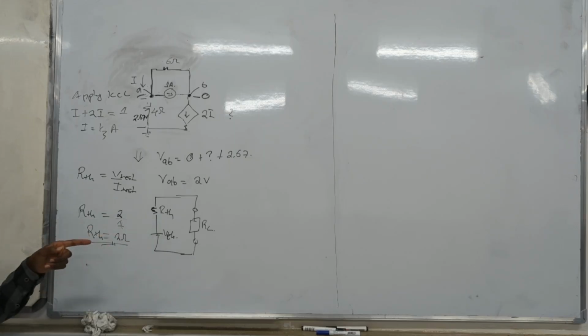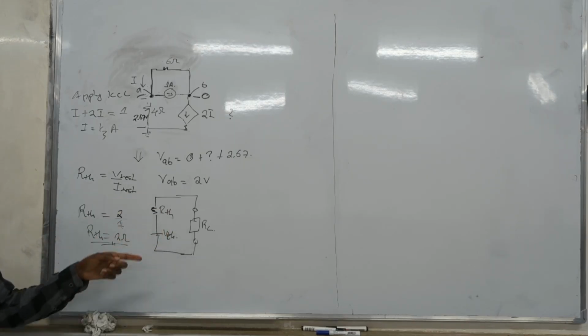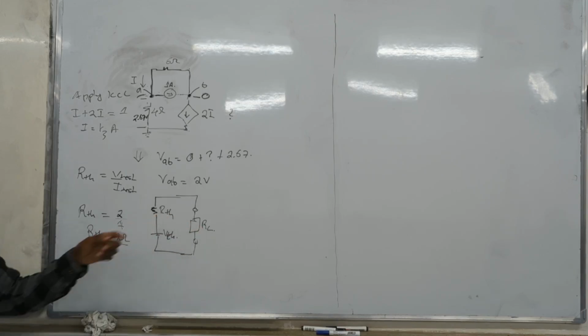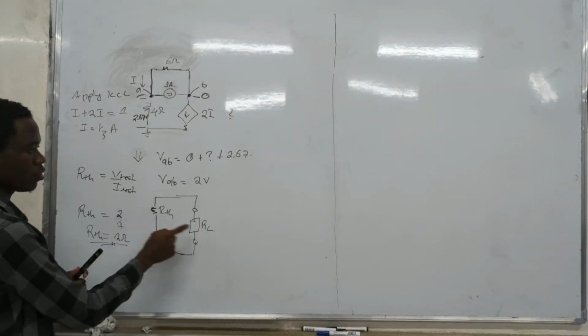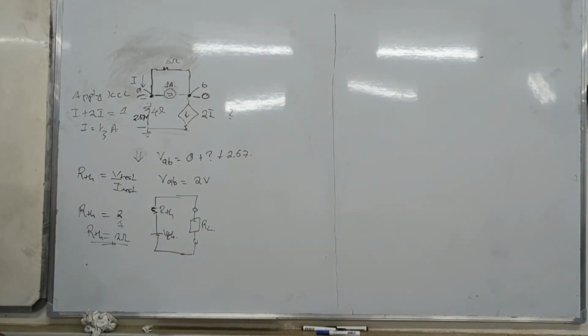So the theorem states that for maximum power transfer, the load should be equal to R Thevenin. So you have this value and you have that value. Do you have V Thevenin? No. So we can't calculate the power. We have to get V Thevenin.